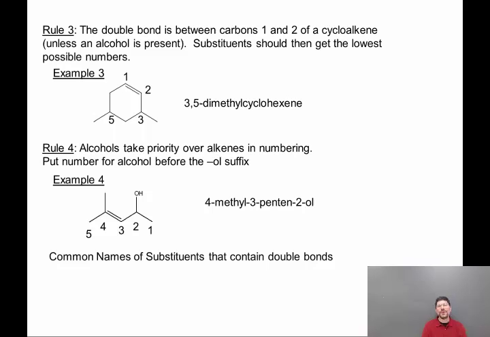Okay, one other thing that we need to be aware of when we're talking about groups that have double bonds is sometimes, especially if it's a rather complex molecule, you will find that there are double bonds on a side chain. And there are two simple cases of side chains with double bonds that we need to be able to handle.